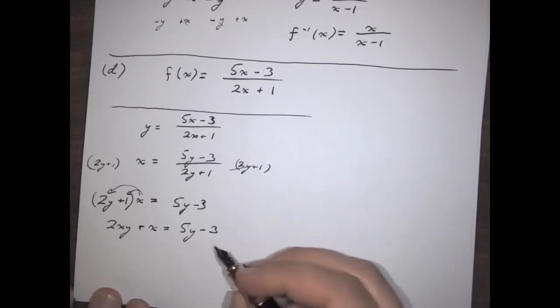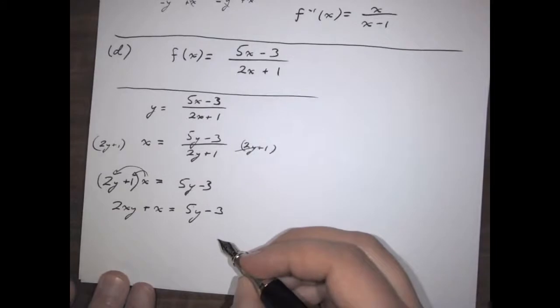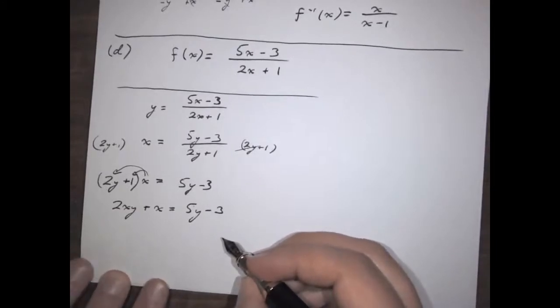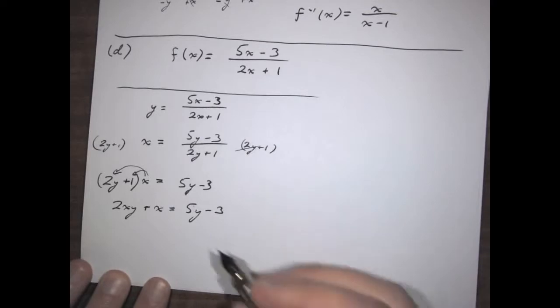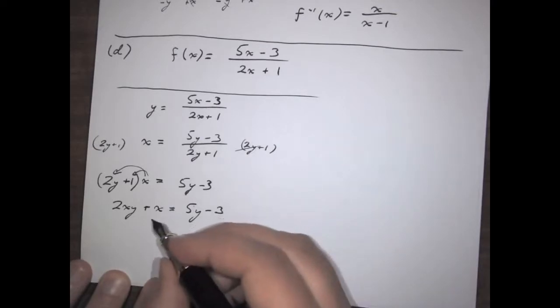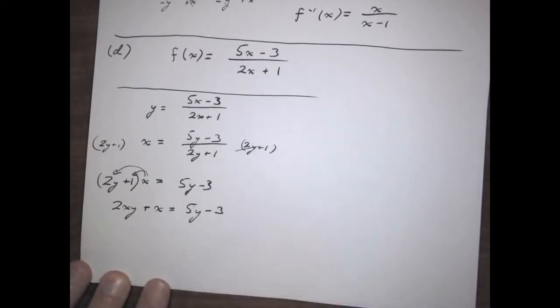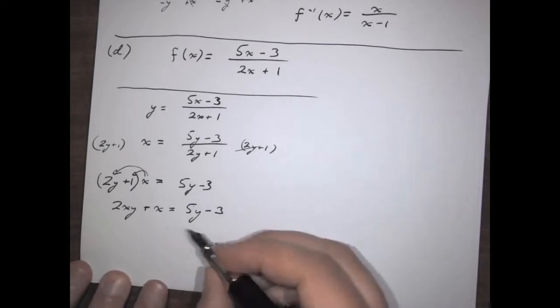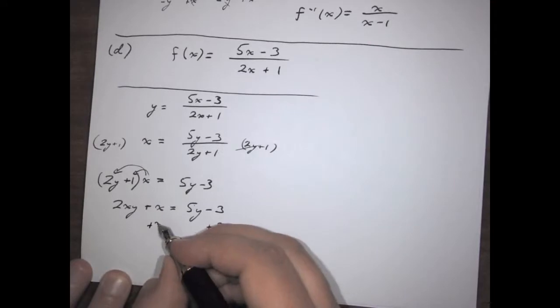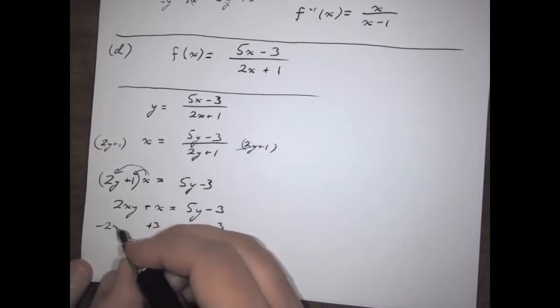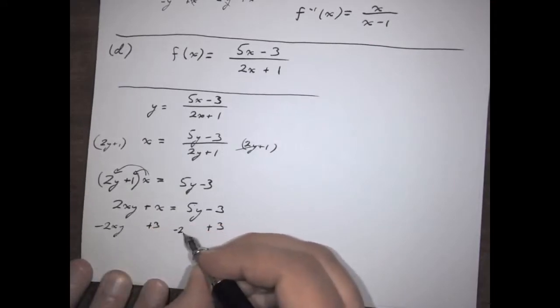If, on the other hand, I decide to move the non-y's to the left, and the y's to the right, then I'm going to be adding, and I'll be subtracting, so I'll only end up with a little bit of negative. So that's what I'm going to do. I'm going to add 3 to both sides. I'm going to subtract 2xy from both sides.